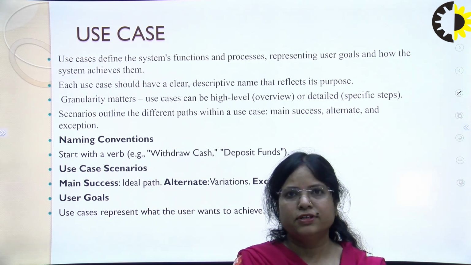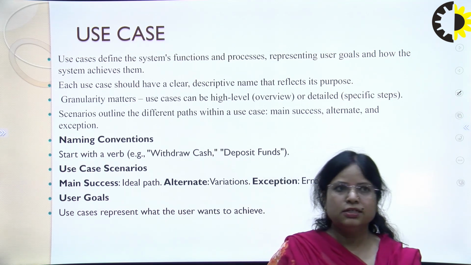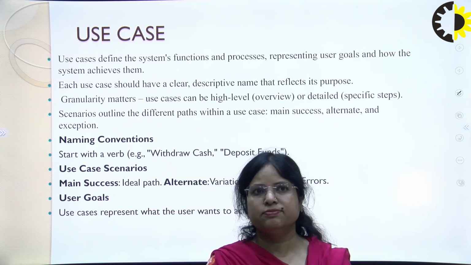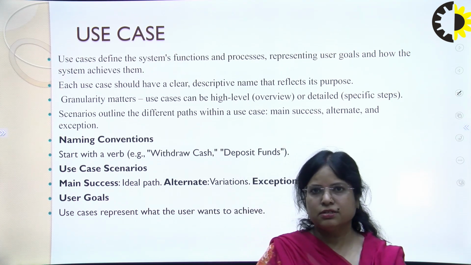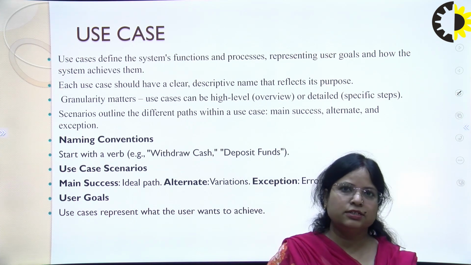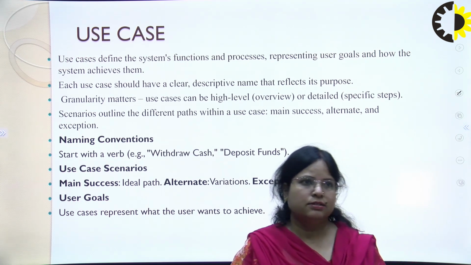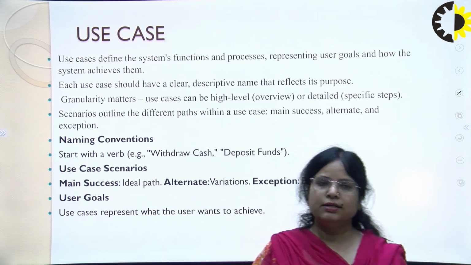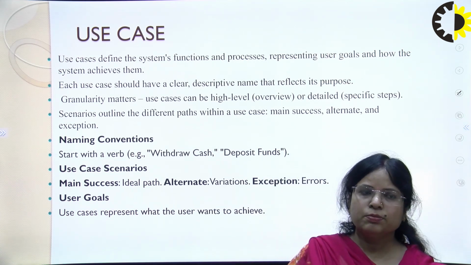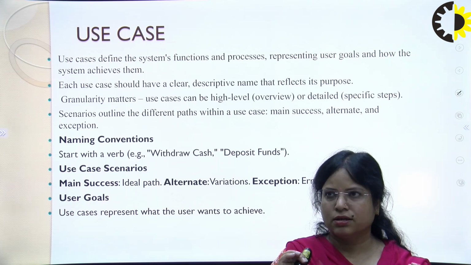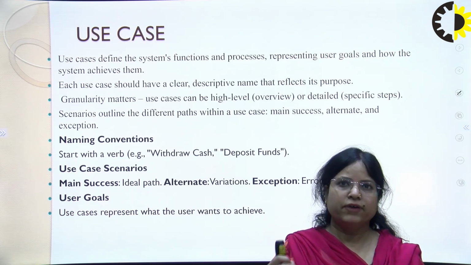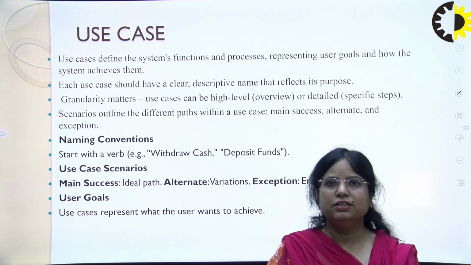After these use cases, the scenario outlines the different paths within a use case. These scenarios are categorized into three types: main success, alternate, and exceptions. These scenarios reflect which type of actions is performed by the use cases.